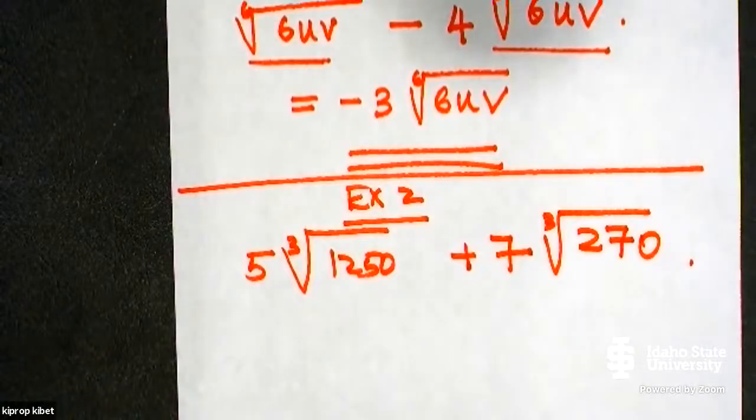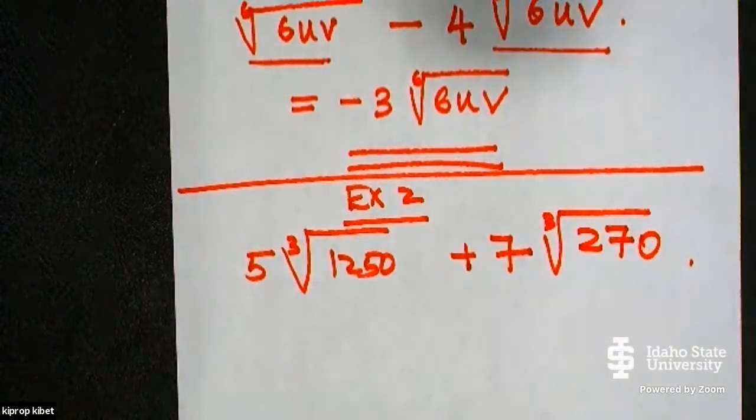Simplify 5 the cube root of 1250, then plus 7 the cube root of 270.